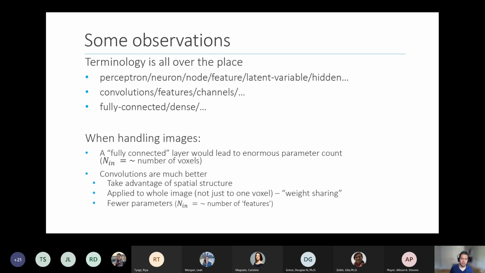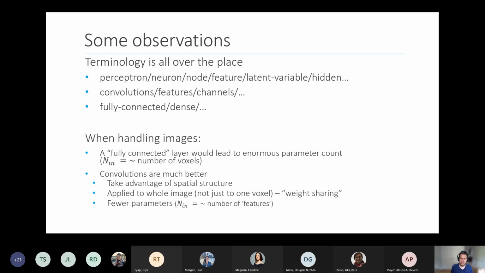Convolutions, though, are much better because you're working with small spatial kernels, these 3x3 or 5x5 kernels. Those kernels can take advantage of the spatial structure of the image. Because it's a convolution, you apply the kernel to the entire image, so it's one kernel per image feature rather than per voxel.